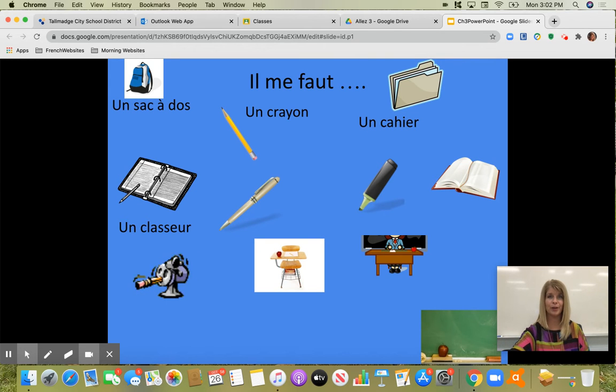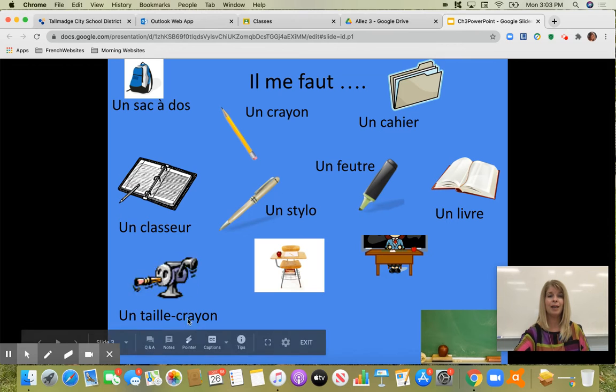Un stylo. Un feutre. Un livre. Un taille-crayon.